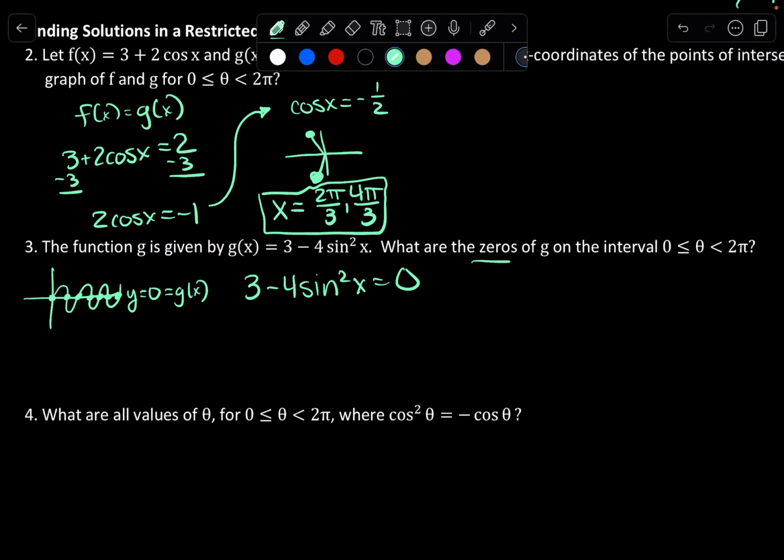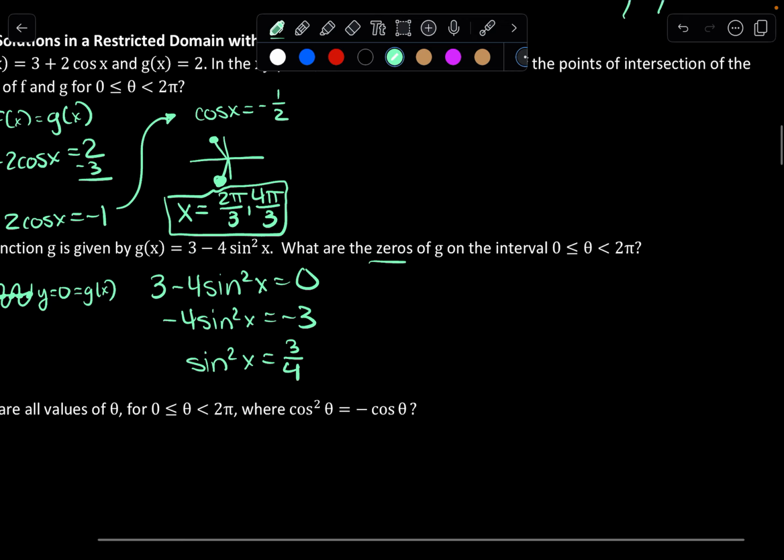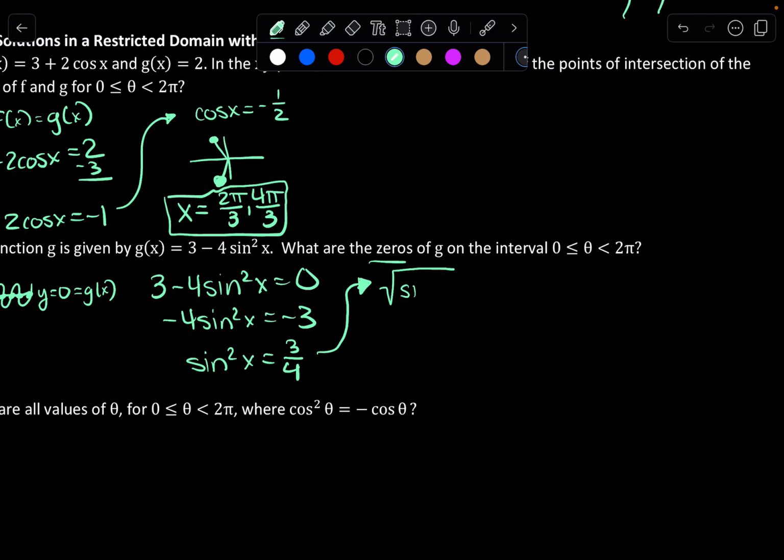Same thing, we'll isolate the trig. So we're going to subtract 3 from both sides, and then divide by negative 4. So we get 3 over 4. Now I have this sine squared, so in order to get it down to a degree 1, we'll take the square root of both sides.